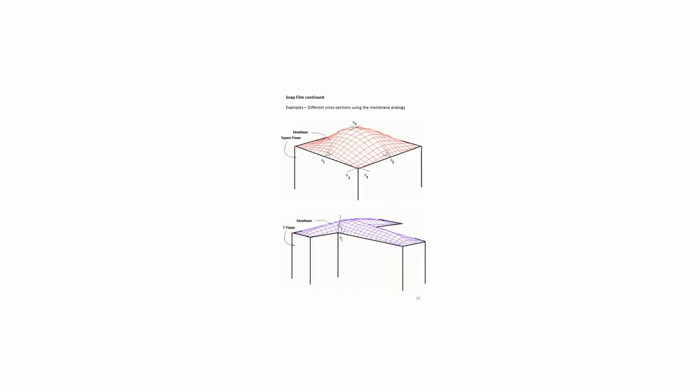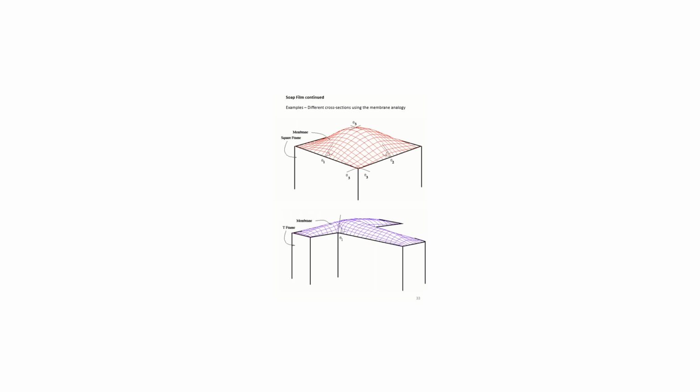So the slope of the soap film bubble is proportional to the stress. And the area or the volume underneath the soap film is proportional to the torque in the system.